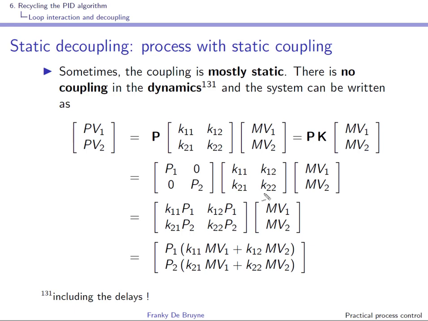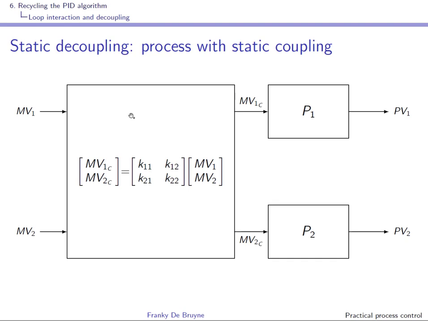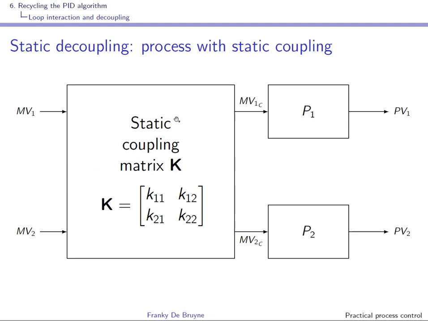And to show you graphically, this is how it looks. You have only two processes, but the input of the two processes depends on MV1 and MV2 through this static coupling that you can represent using matrices, right? So you have a static coupling matrix K, and it's general.